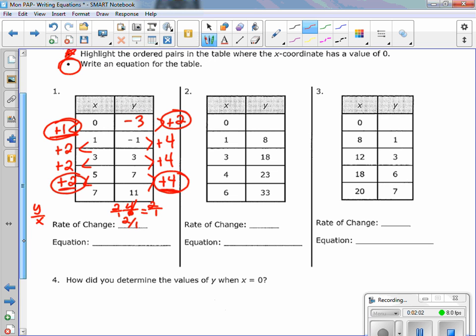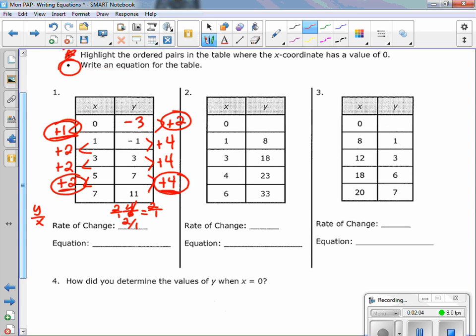This is important because that's what gets multiplied by x when we write our equation. So we have y equals, and we're going to do an x. There's going to be something in front of the x, and sometimes there'll be something following the x. This rate of change tells you how much the variable changes, so it goes with the variable. 2 over 1 simplifies to 2, so it goes in front of my variable, because 2 times x describes my change.